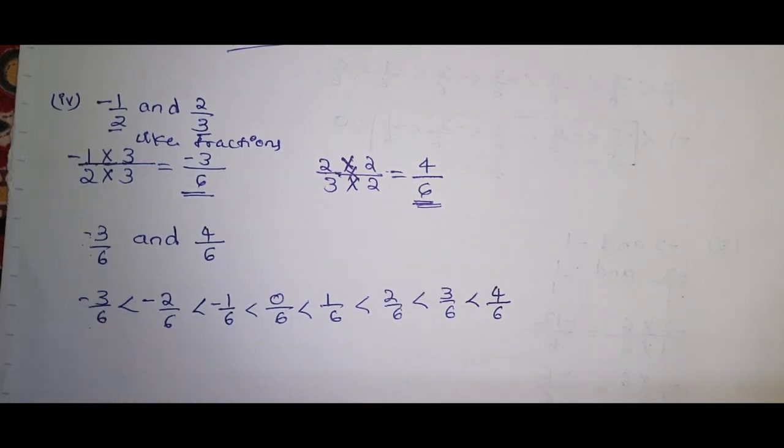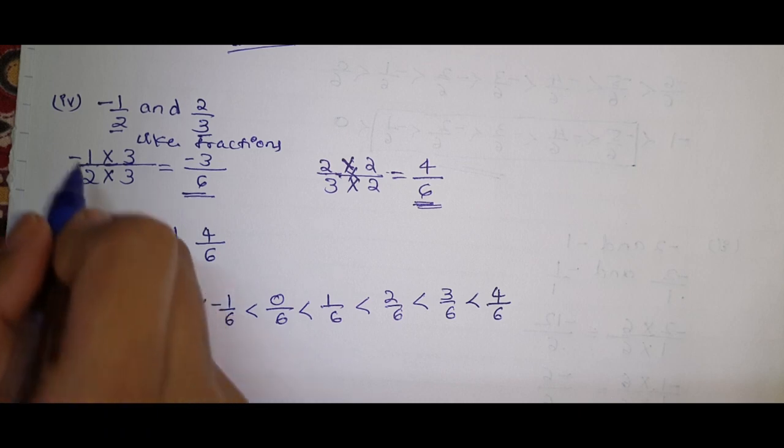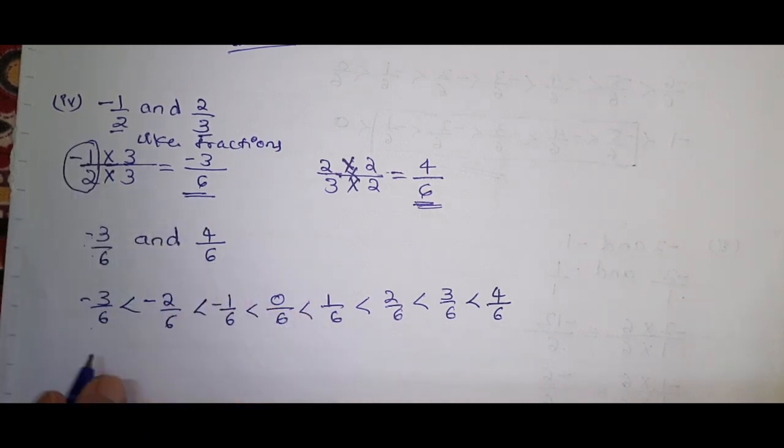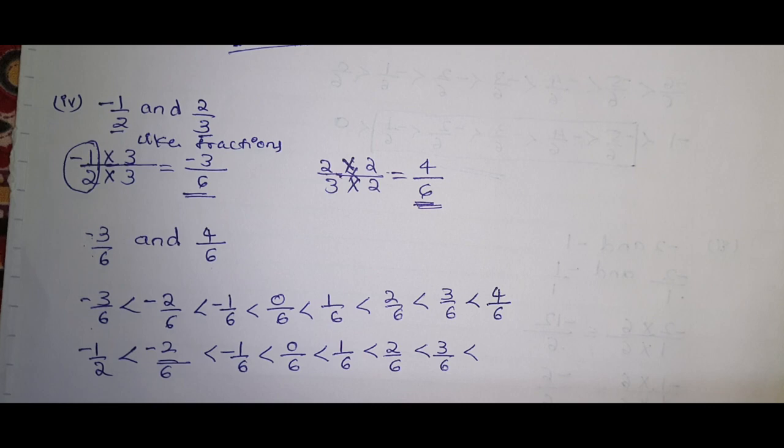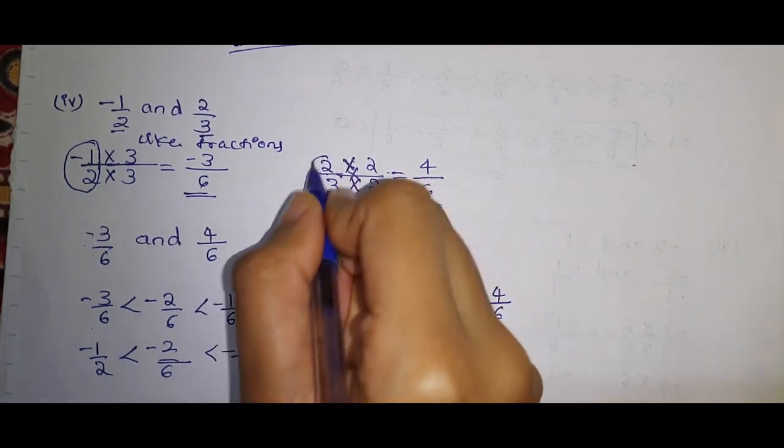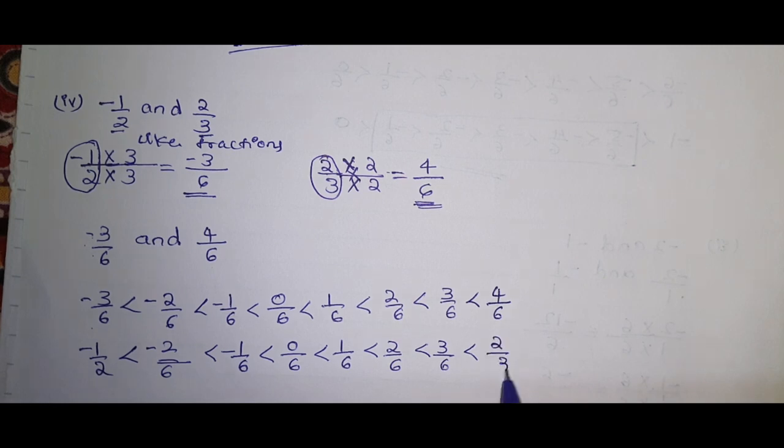Now, minus 3 divided by 6 is nothing but minus 1 divided by 2. Now, let me write these rational numbers as they are. Now, 4 divided by 6 is nothing but 2 divided by 3.